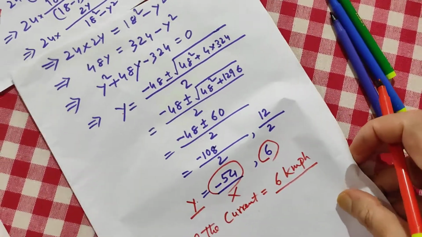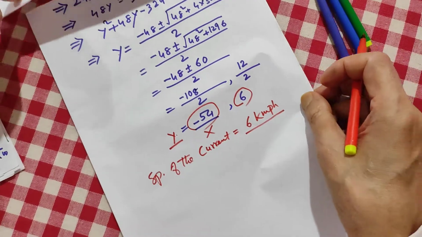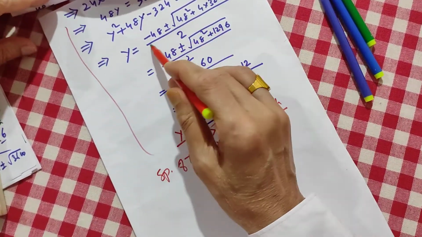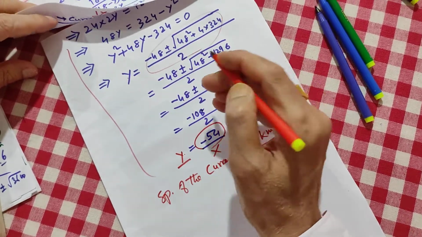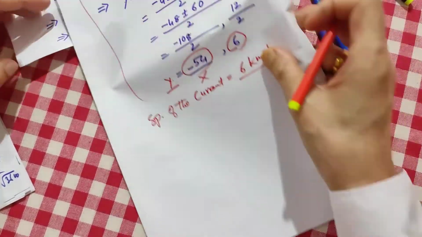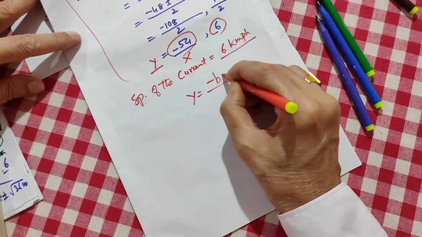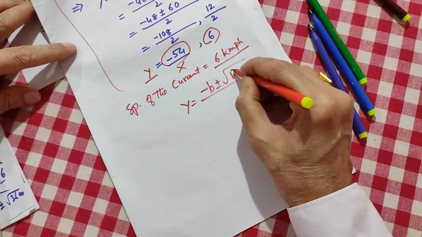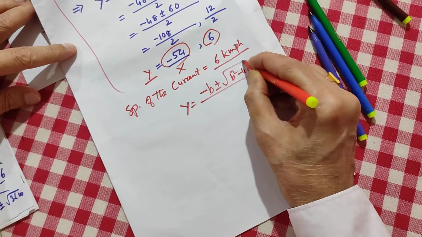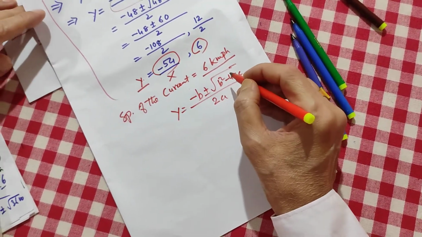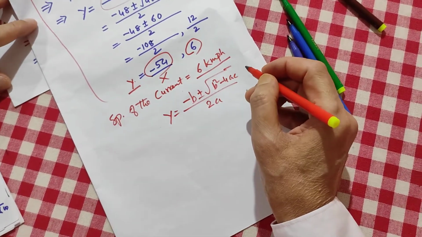Now the main thing is the first concept that we discussed, but this solution part you can do any way. I did it by using the formula. The formula I think you know: y equal to minus b plus minus root of b square minus 4ac, by twice a.